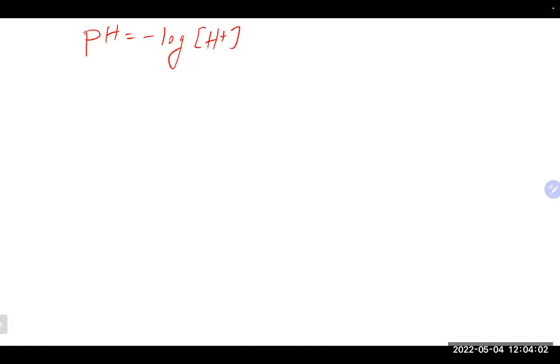Once again, as we saw in that last example, you can also calculate something known as the pOH, which is minus the log of the OH minus concentration. They are kind of similar in terms of how they're calculated. And really, the name tells you what you need. pH means you need the H plus concentration. pOH obviously means that you need the OH minus concentration.